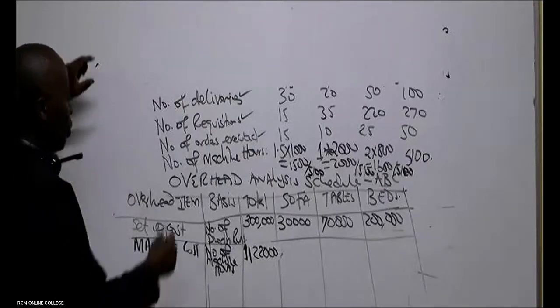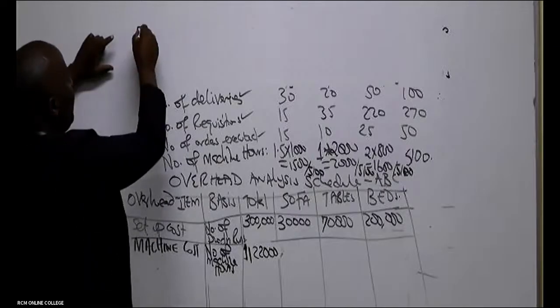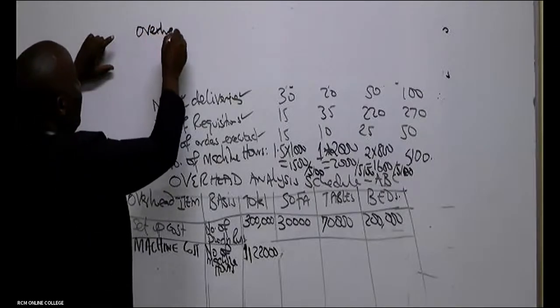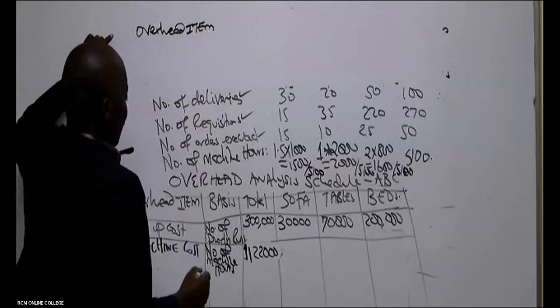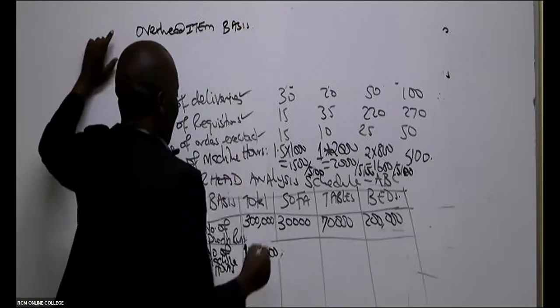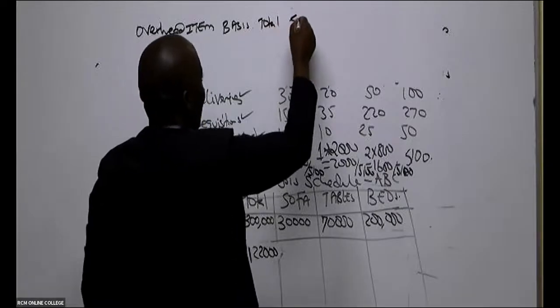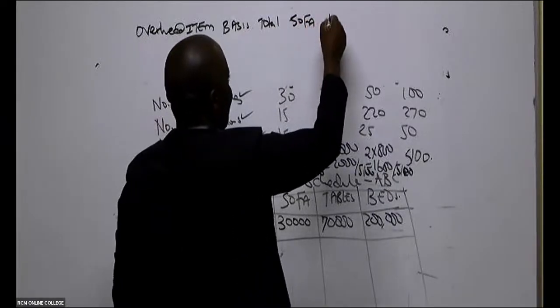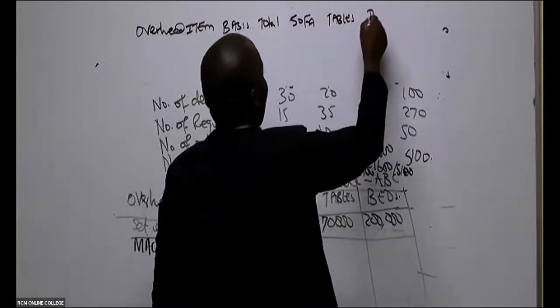Great. So we have here overhead item, we have basis, we have total. We have so far tables, we have beds.